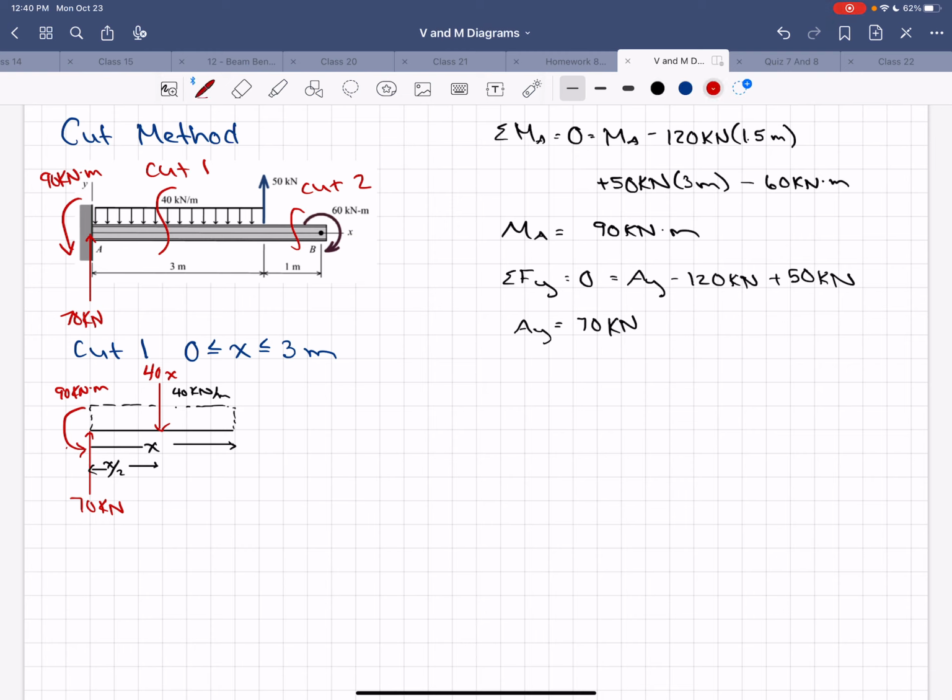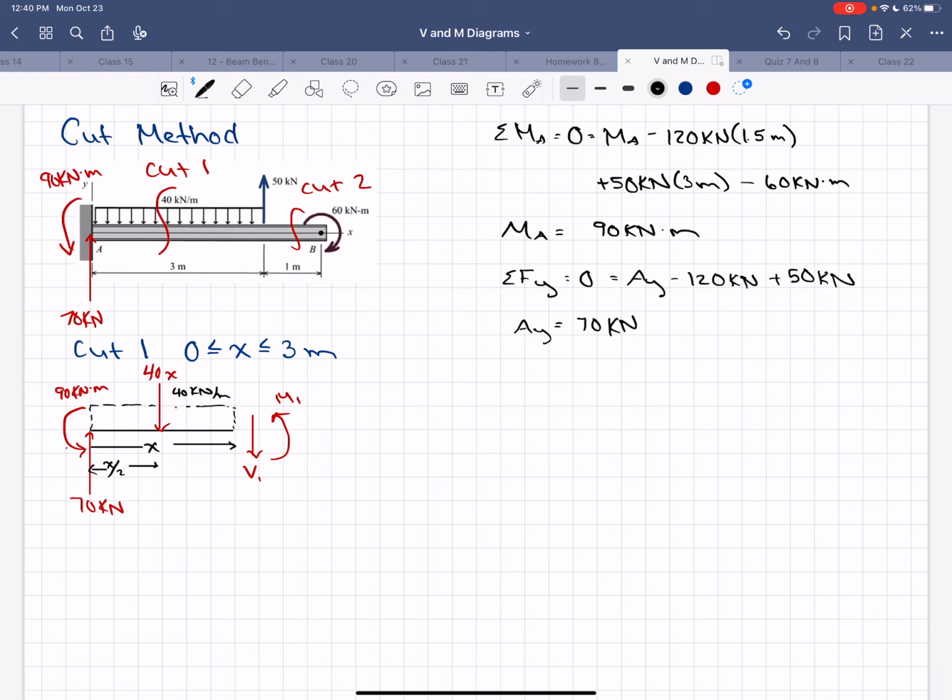Alright, and then using the proper positive sign convention, when I'm looking at the left side of the beam, shear is going down. This would be shear 1 for section 1, and moment is going in the positive direction. So we have to solve for V1 and M1.